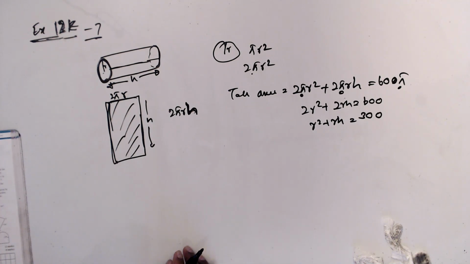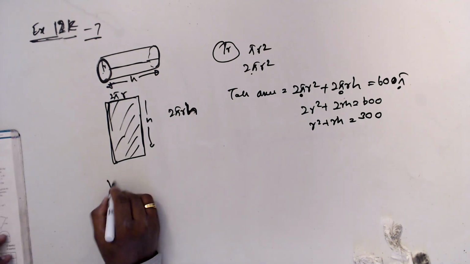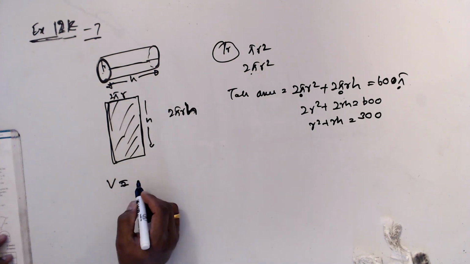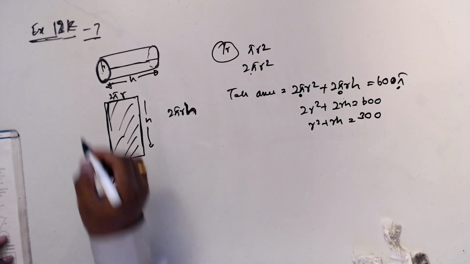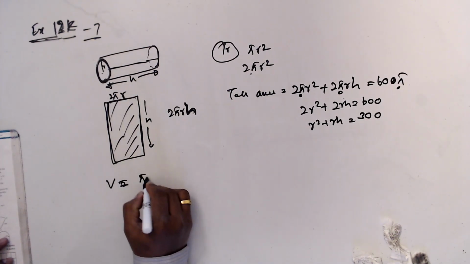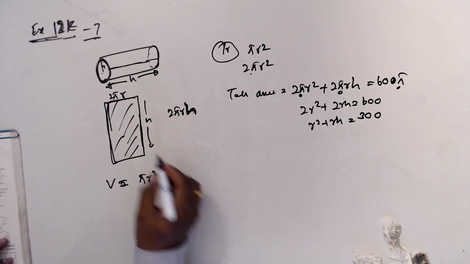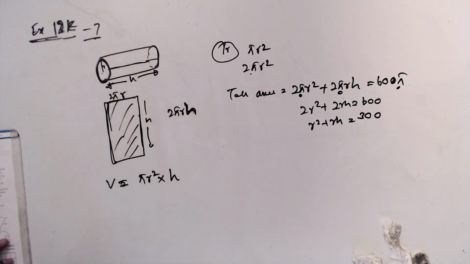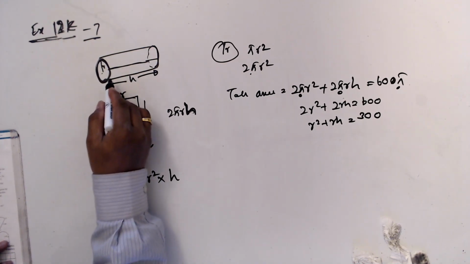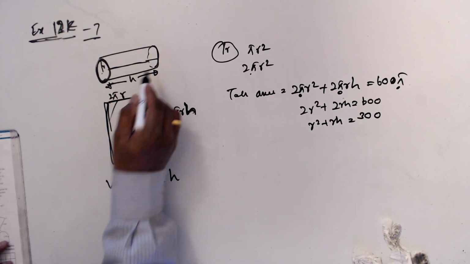Now, what do we need to find? We need to find the volume. So simply we'll write volume equals. How do you find the volume of a cylinder? Pi r squared times height. Area times this area when you push it h distance, right?